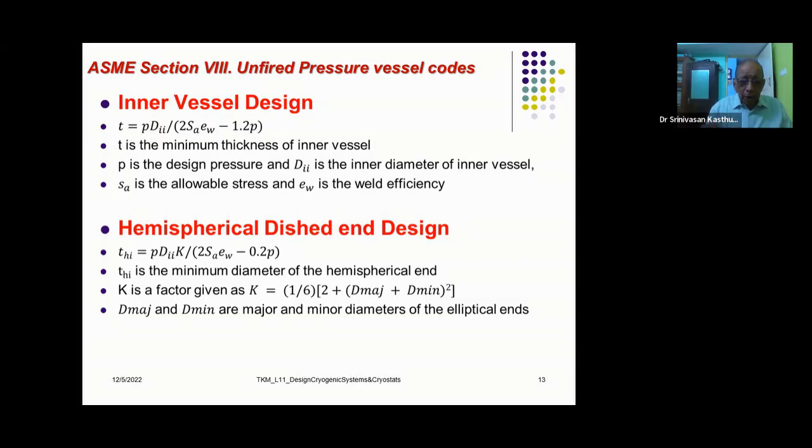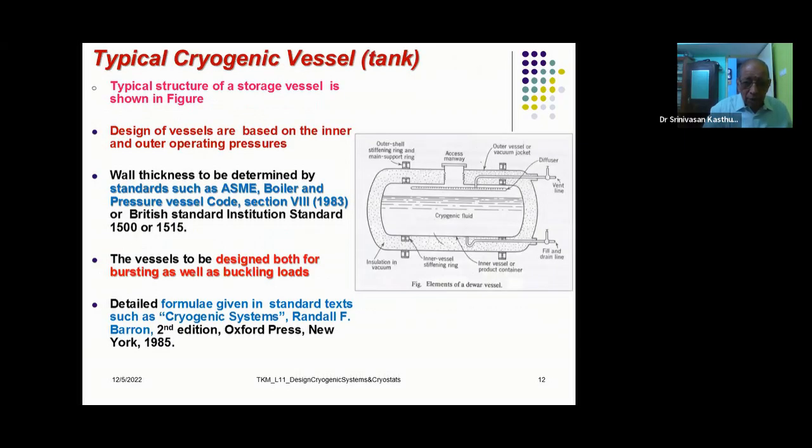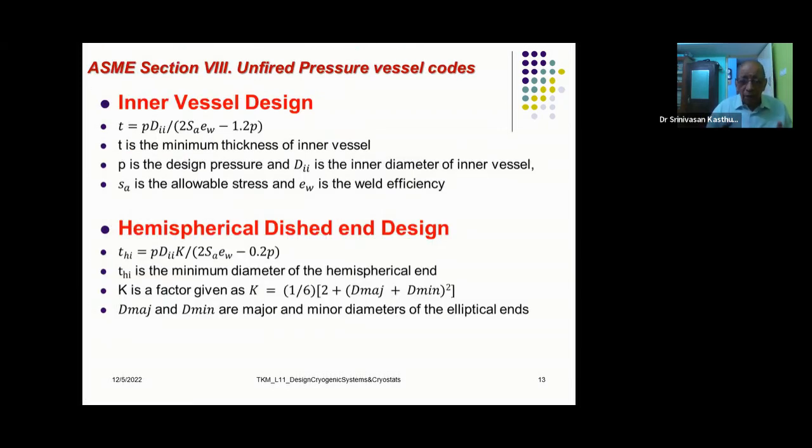Now, as you see in the previous diagram, the vessel shown here is actually a cylindrical vessel with the dished ends on either side, right? So therefore, for this, you have hemispherical dished ends.